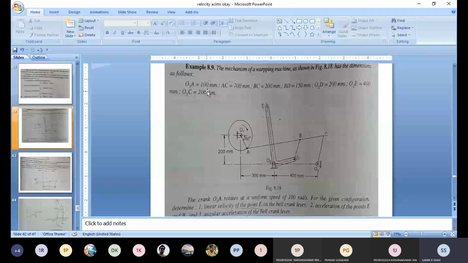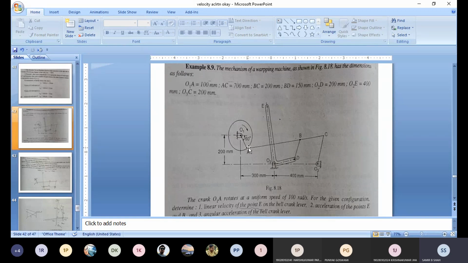For the linear velocity of A with respect to O1, we first find V O1A equal to omega O1A into O1A, so 100 into 0.1, so we get 10 meter per second. This is the first dimension that we get here.